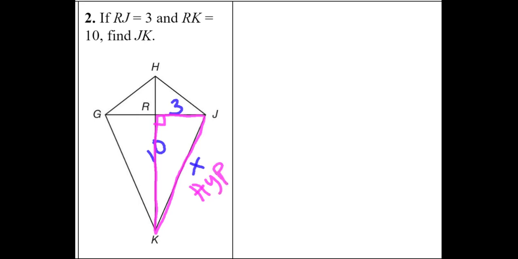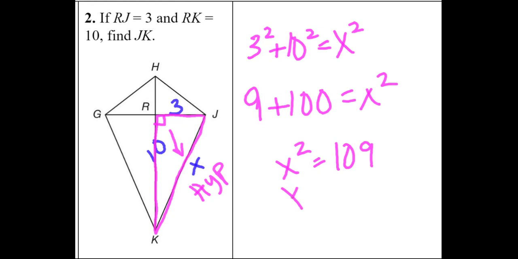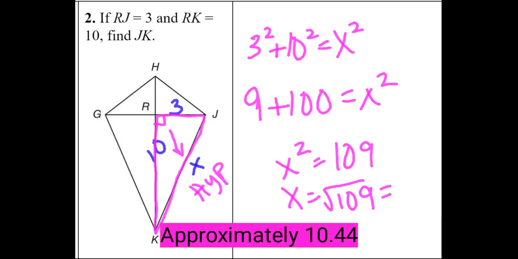We know that because it's opposite the 90-degree angle. So 3 squared plus 10 squared equals x squared. So I have 9 plus 100 equals x squared. That means x squared is equal to 109, and therefore x is equal to the square root of 109. At this point, you can just figure out what it is in decimal form, and it's approximately 10.44.